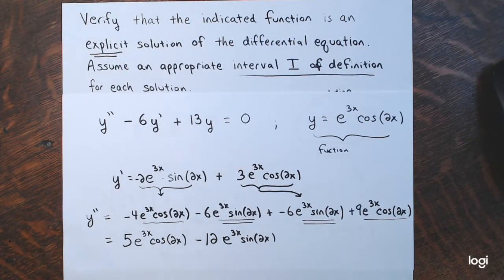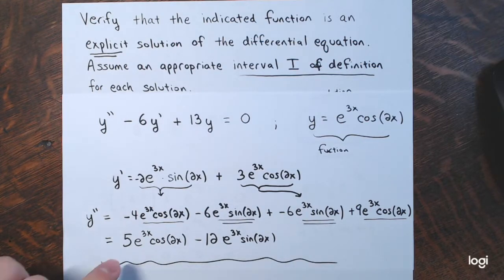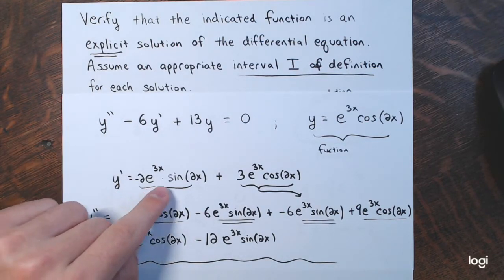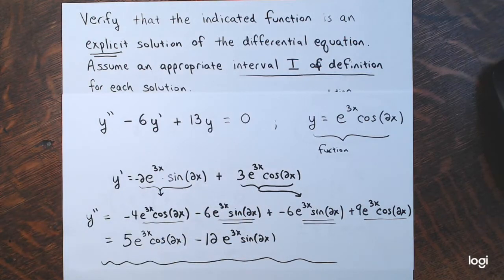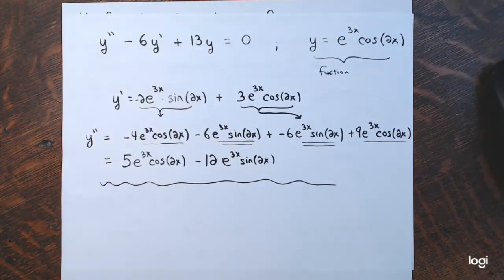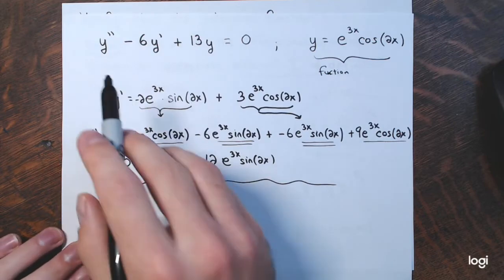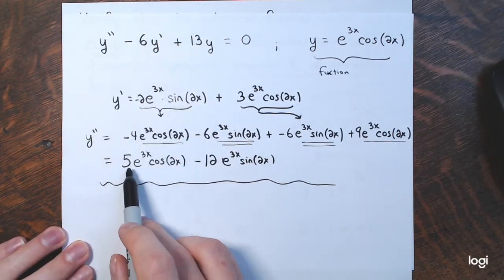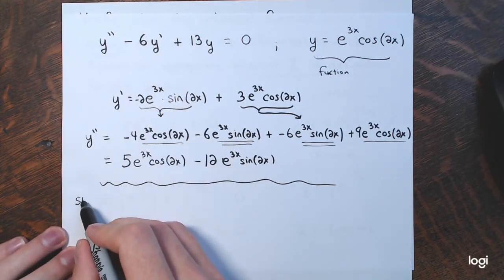Now I'm just going to do some substitution. Substitute this for y double prime, this for y prime, and this for y, and see that I get a true statement, 0 equals 0 here. Alright, so the y double prime isn't multiplied by anything, so I'm not going to do parentheses. So here's substitution.